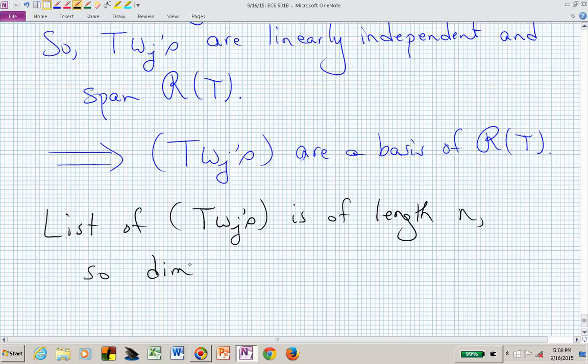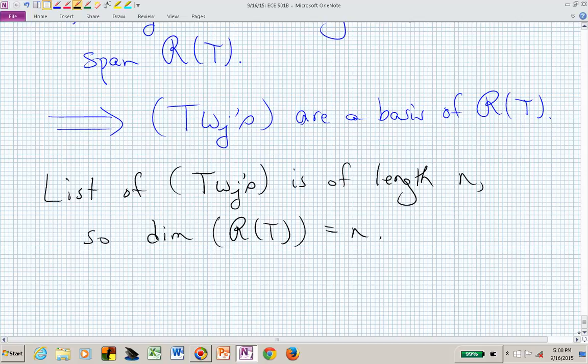So the dimension of the range of T is equal to n. And that's what we were setting out to prove, if you can remember back to what we started with.